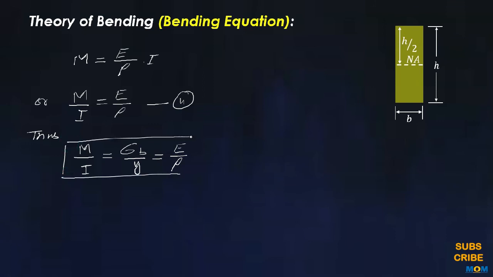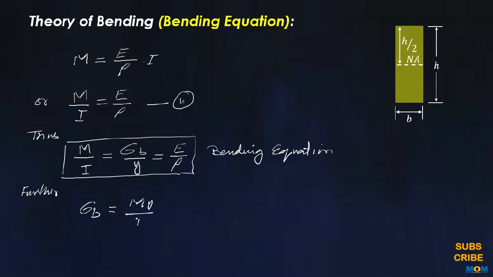Now this is the bending equation. Further, we can write this as sigma b is equal to my upon I. Now this equation is known as the flexural formula or the bending stress.